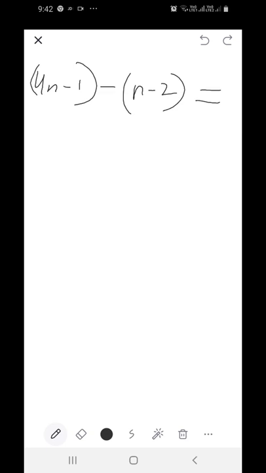So the difference between the second term and the first term, that is 4n minus 1 minus n minus 2, should be the same as 5n plus 2 minus 4n minus 1.